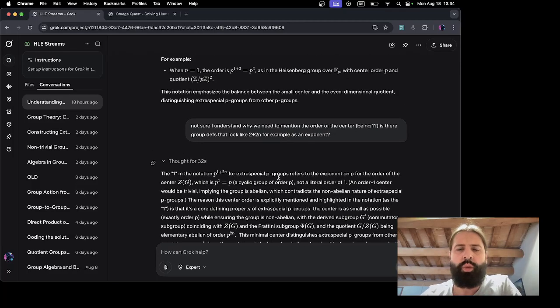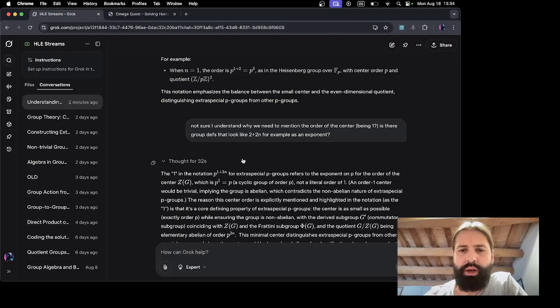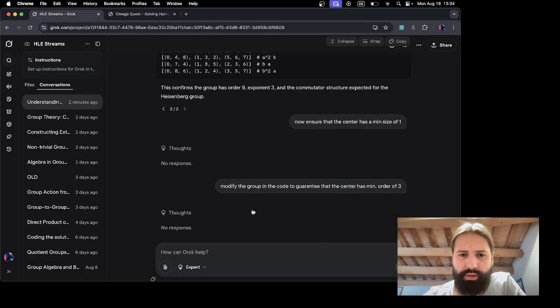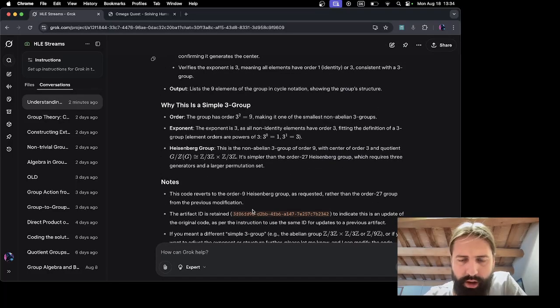So essentially, the 1 is just telling us the center is as small as possible, and the order of the quotient is p^2n. Now let's try to understand what that means, right? The order of the quotient, so how to construct these? Well, I guess we just construct it by just constructing it, right?